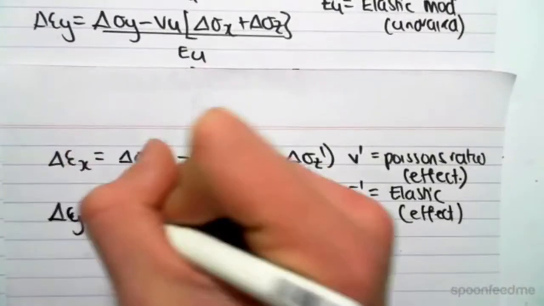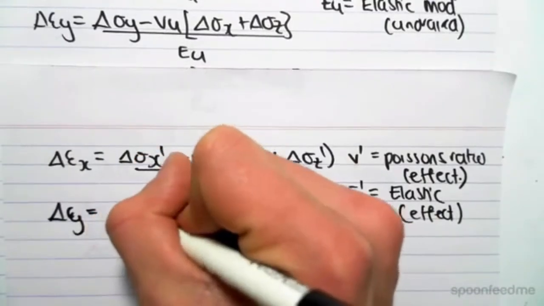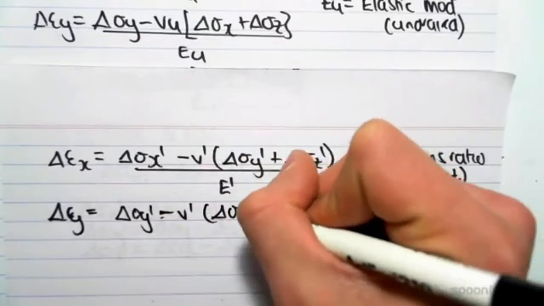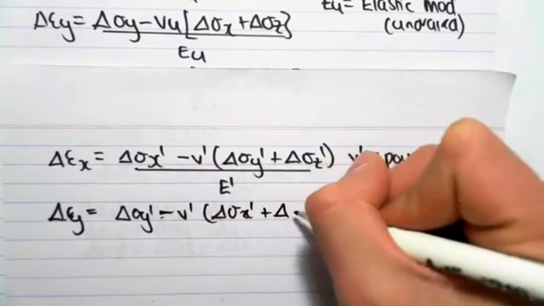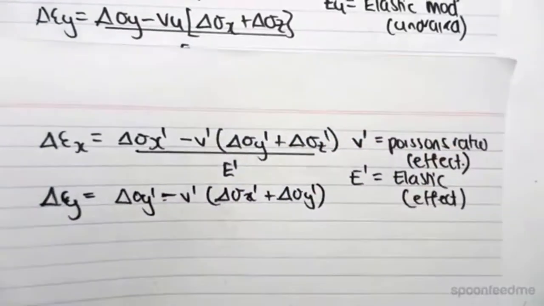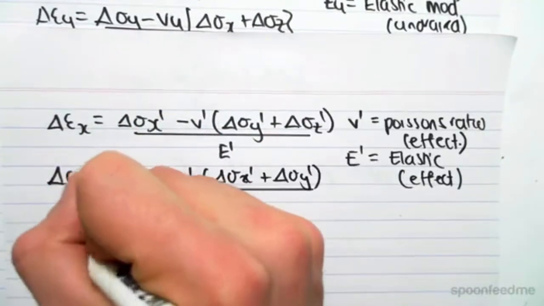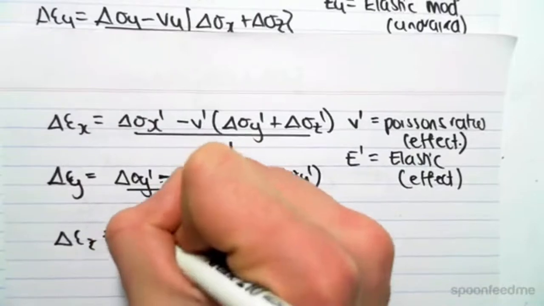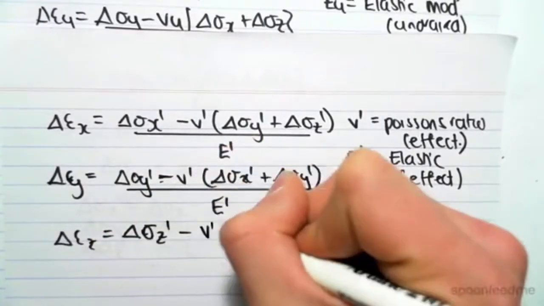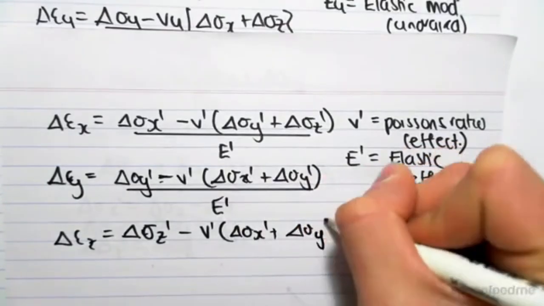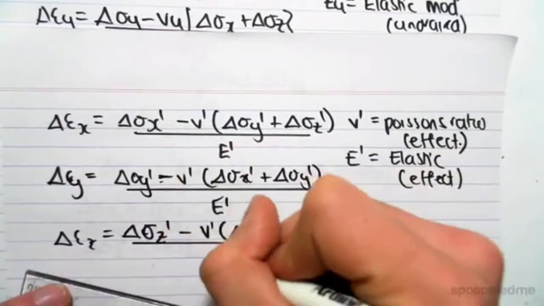I'm just going to write out quickly what this would be. Minus V dash, it's X dash plus Y dash over E dash, and we know that in the Z direction it would be change in sigma Z dash minus V dash, change in sigma X dash plus change in sigma Y dash over E dash.